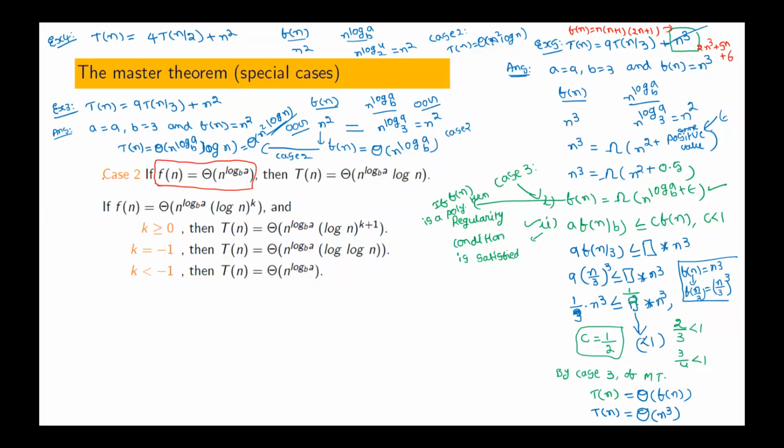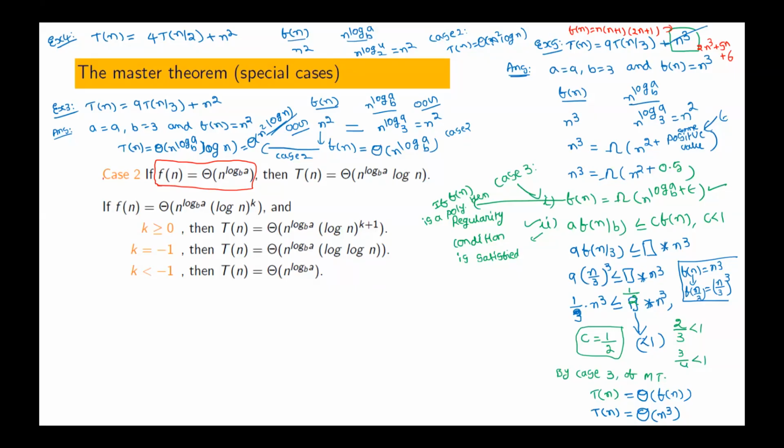In case 2, what is the relation between the order of growth of f of n and n power log a base b? Both are the same. F of n equal to theta of n power log a base b means both have the same order of growth. Theta means both have the same order of growth.